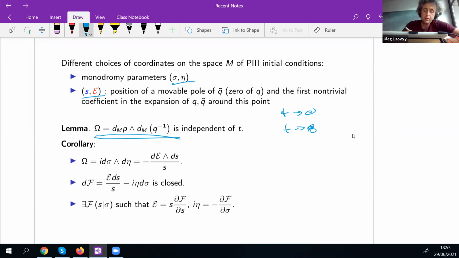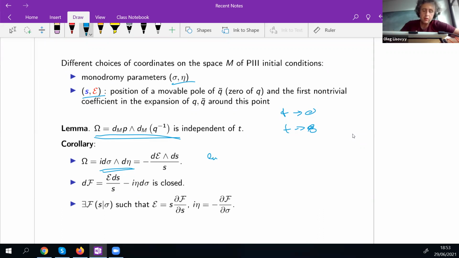If you do the computation, it turns out that this symplectic form, which is preserved, has sigma and eta as standard Darboux coordinates, but the accessory parameter E and the log of the position of a movable zero of Q are also canonical coordinates.